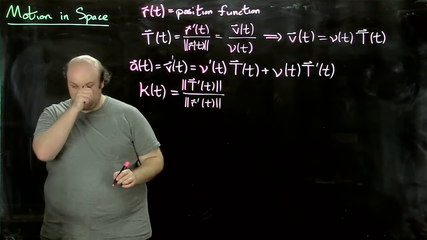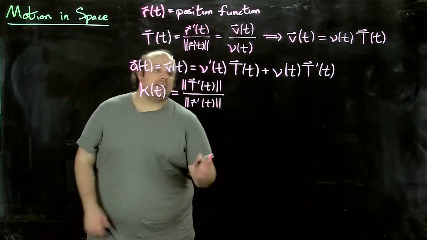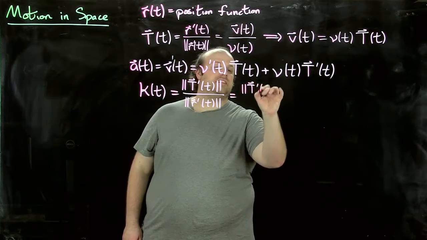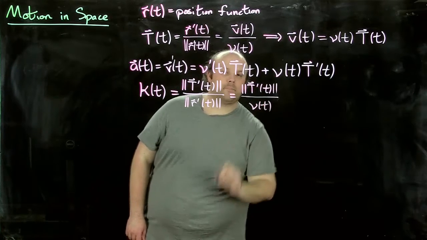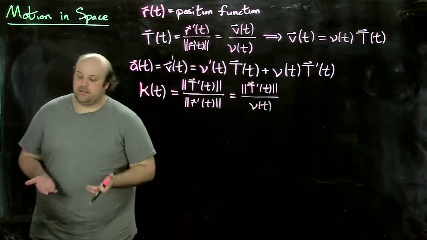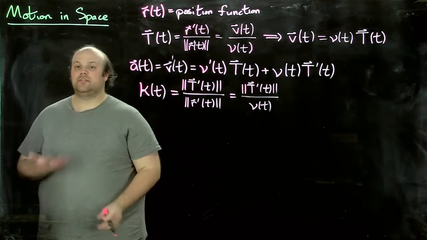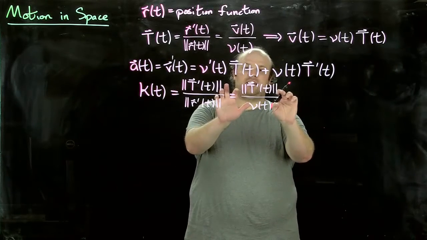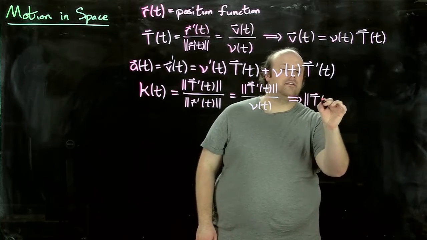Or in other words, this is the magnitude of T prime over the speed. Well, we can use this and substitute it into the equation for N. So let's solve for that.